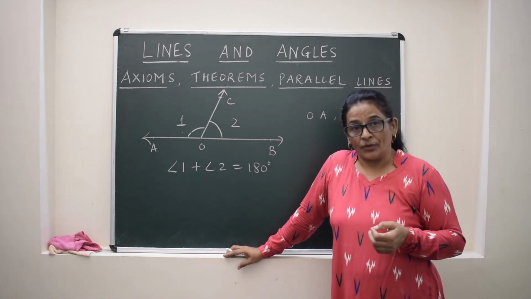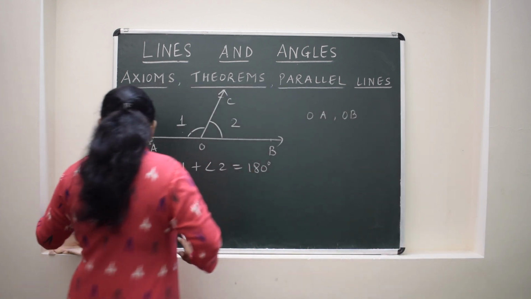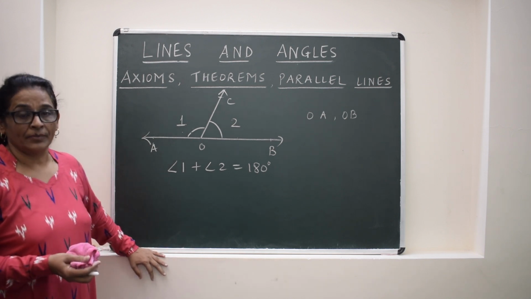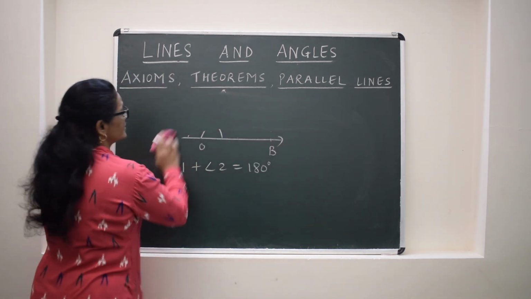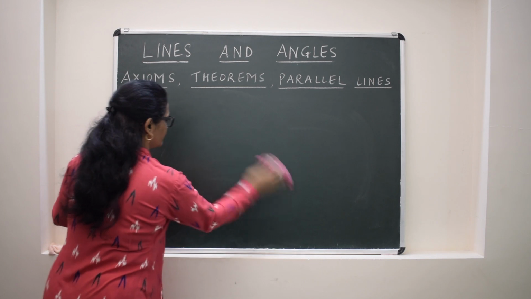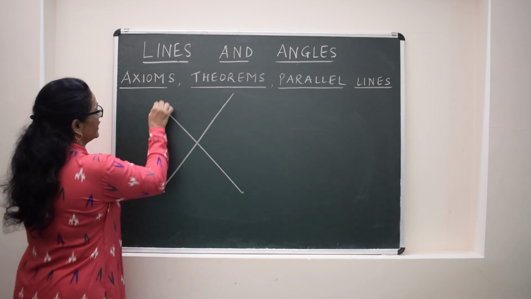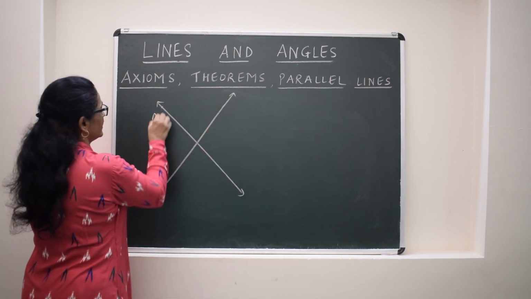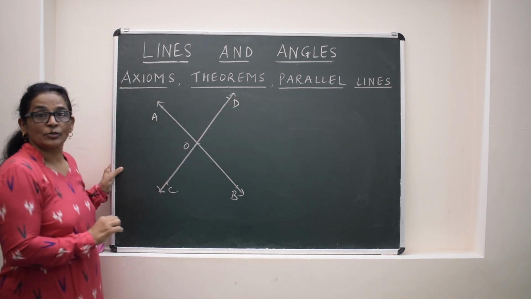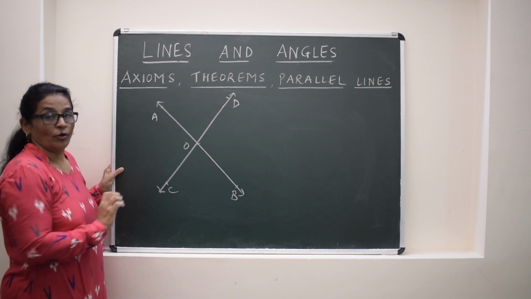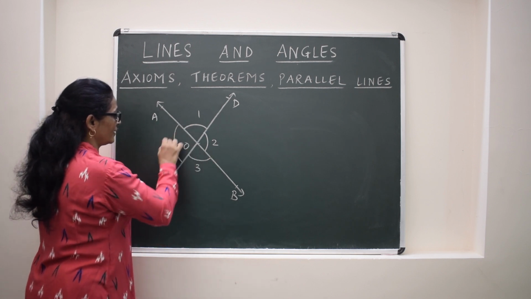Then next we will see a theorem. The theorem says that if two lines intersect, then different angles are formed and those angles are called vertically opposite angles. So we will see one theorem which says that if any two lines intersect, like this, if we are taking two lines AB and CD, they are intersecting at point O. Four angles are formed: angle 1, angle 2, angle 3 and angle 4.